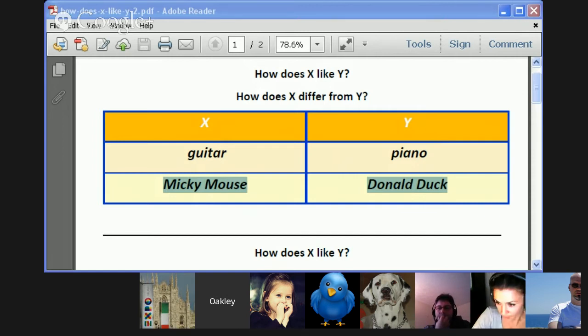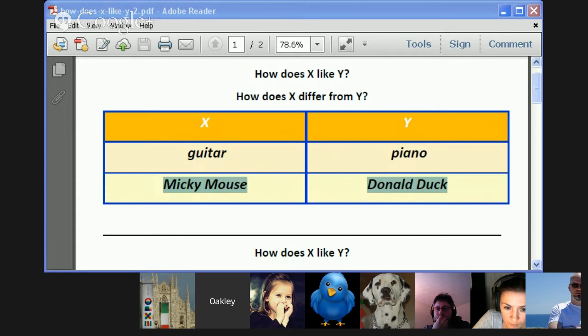Okay. Even though they are both Disney characters, I think they were drawn by different people. Okay. They are alike because they are Disney characters.